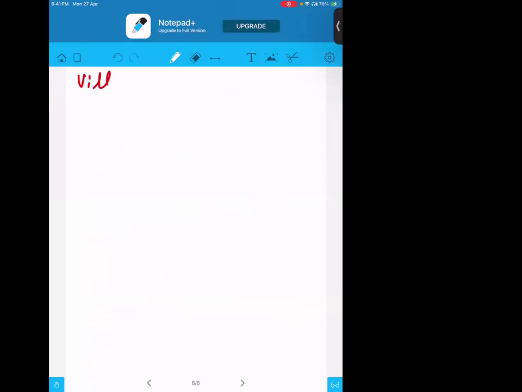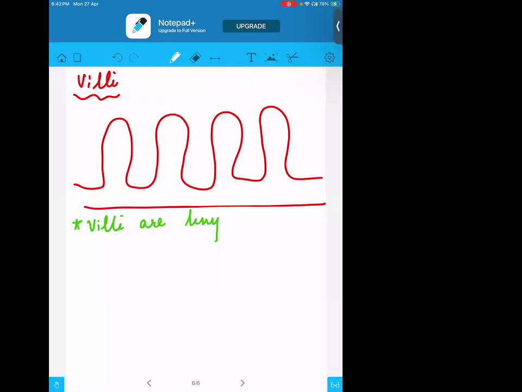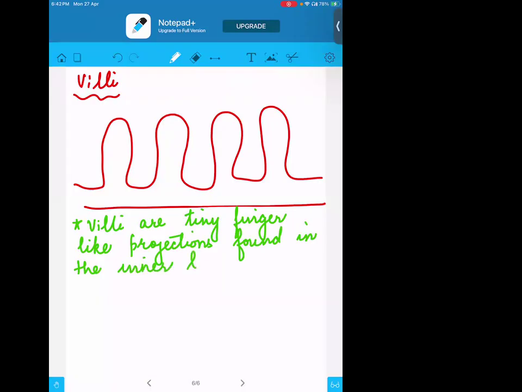The next one is the villi. As I told you, they have a structure like this. They are finger-like projections, as you can see in the diagram. Villi are basically tiny finger-like projections found in the inner lining of the small intestine.